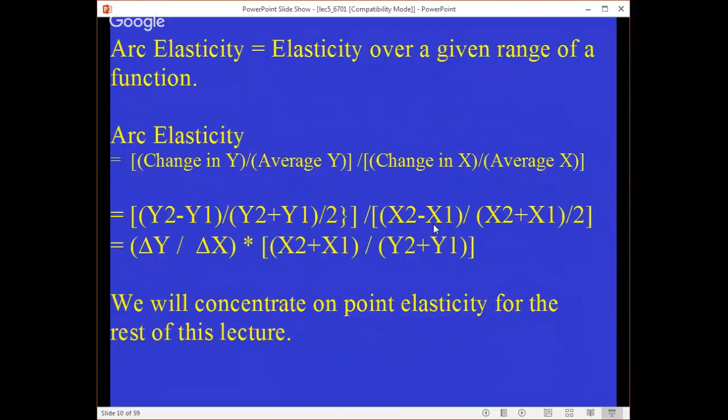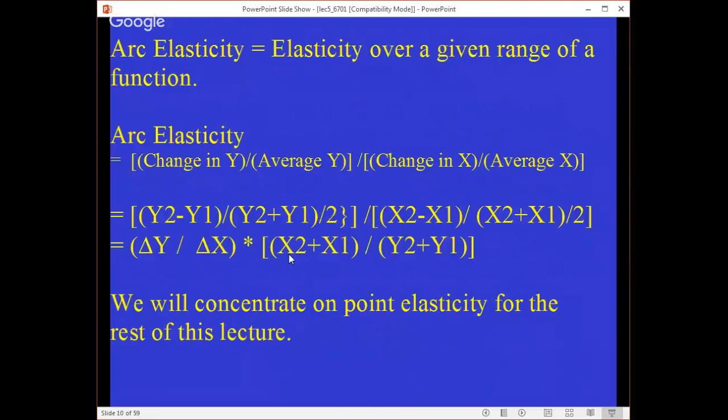So X2 minus X1 divided by the average of X. So that's X2 plus X1 divided by 2. Of course, the 2's cancel. And I write Y2 minus Y1 as a change in Y, and X2 minus X1 as a change in X. So I get the change in Y over the change in X times X1 plus X2 divided by Y2 plus Y1. Right?